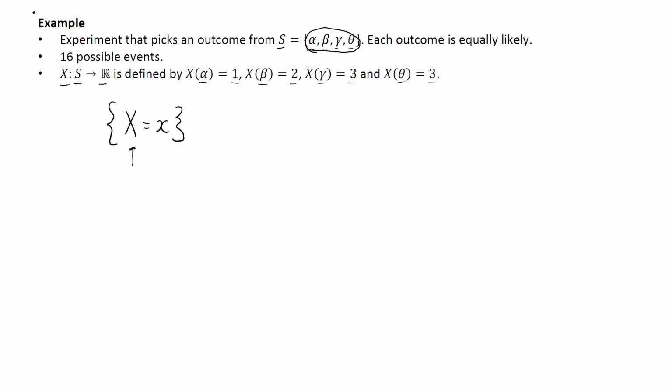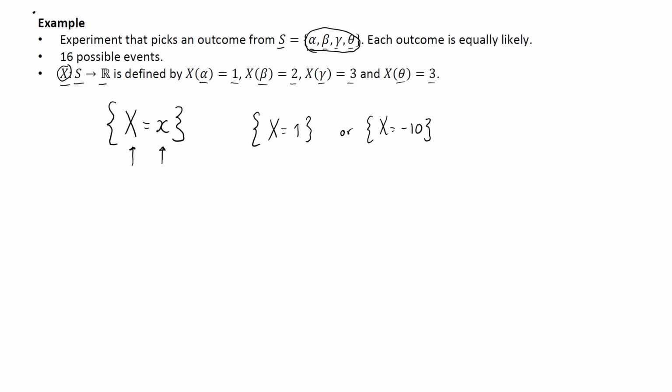This symbol here refers to our random variable X. This lowercase x refers to an arbitrary real number. So specific examples of this notation could be something like {X = 1} or {X = -10} or whatever. You can replace this lowercase x with an arbitrary real number.